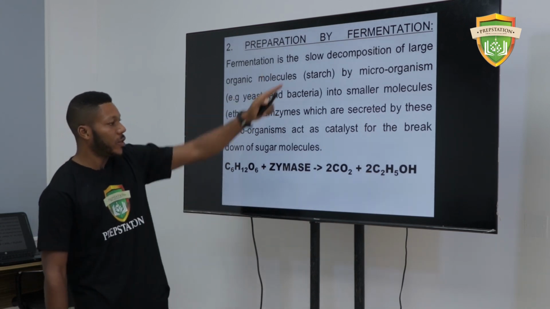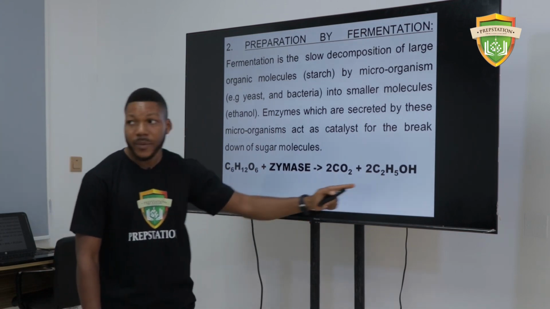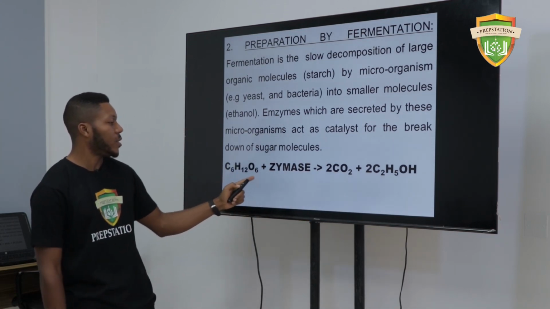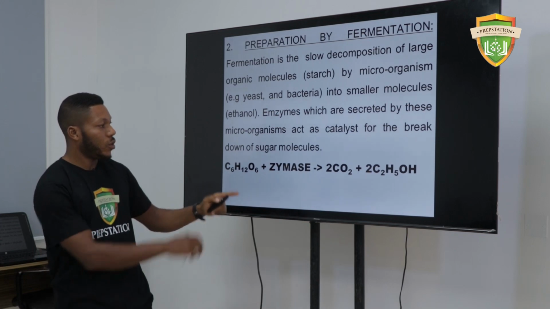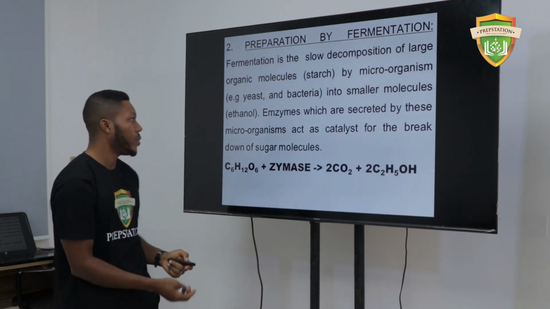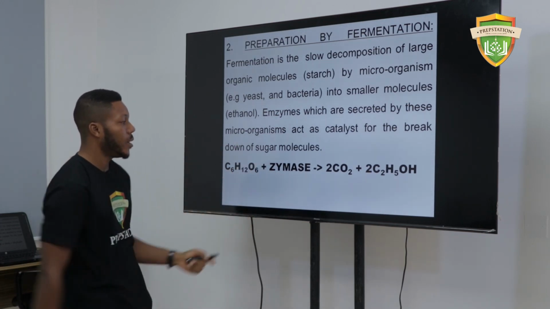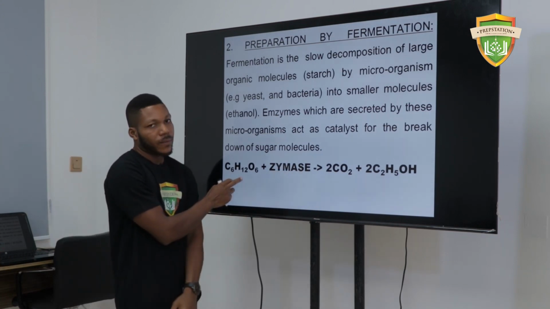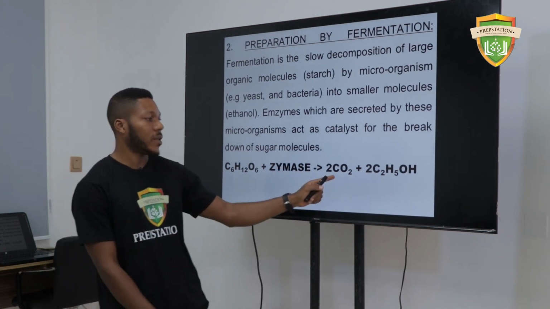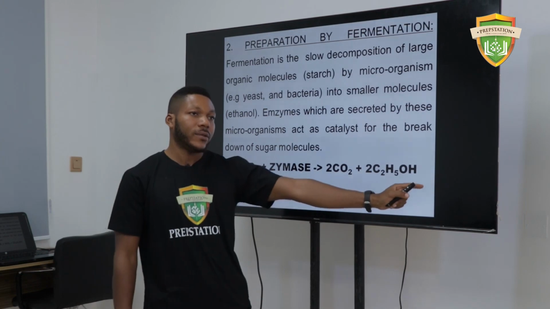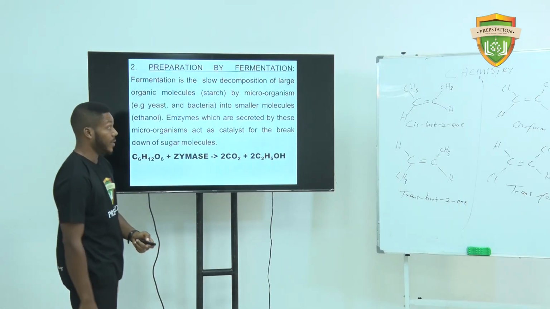So this is illustrated in a chemical equation. This is your glucose, your large molecule. Enzyme acts on it, and you release what? Carbon dioxide and ethanol at the end after some days.